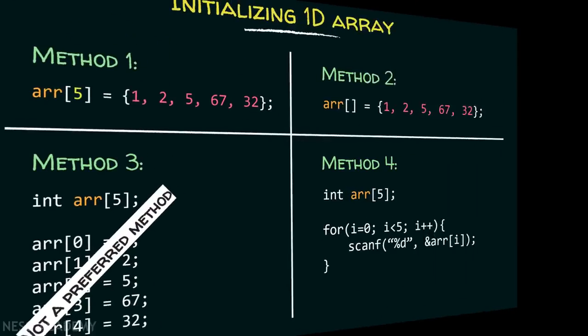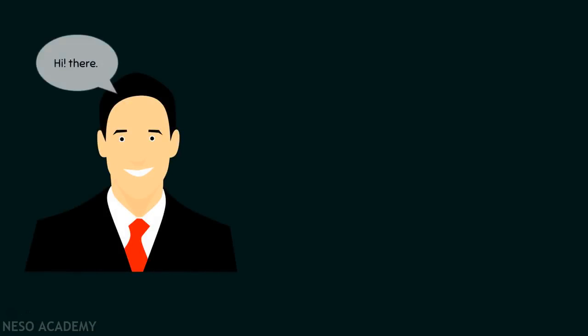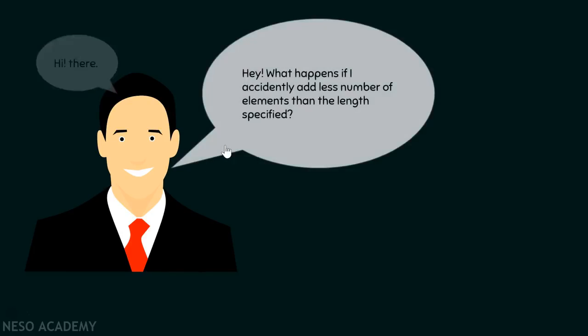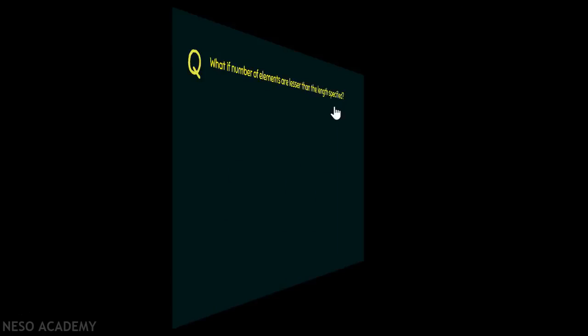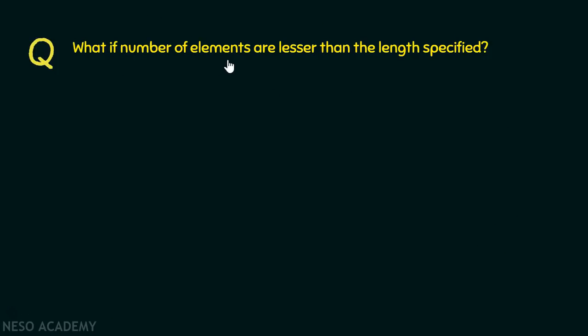Okay. Now it's time to introduce my friend Ronnie, who is a software engineer in XYZ company. He is here to ask us one question. Hey, what happens if I accidentally add less number of elements than the length specified? Let me reframe this question. What if number of elements are lesser than the length specified? That is something like this.